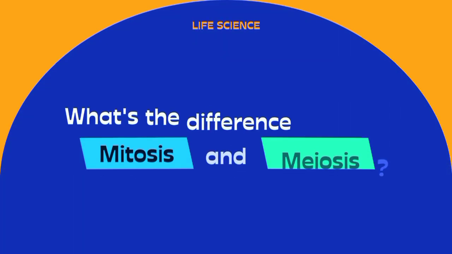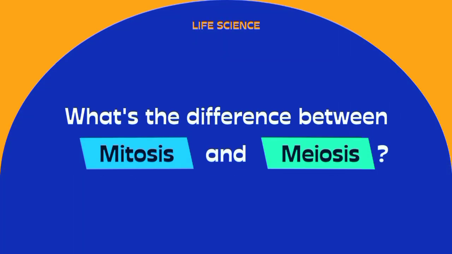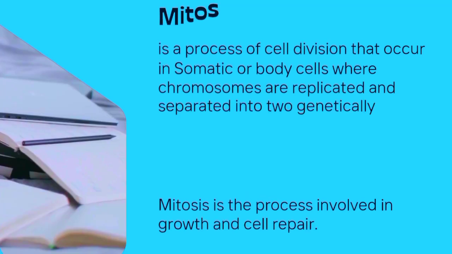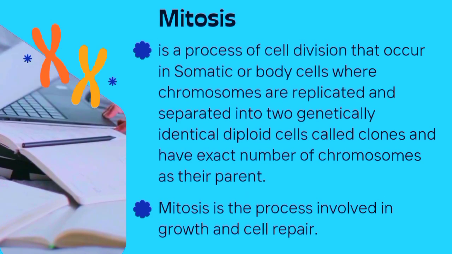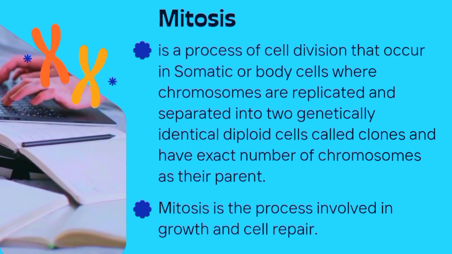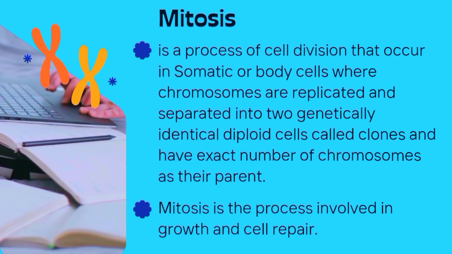First of all, let's look at the major differences between mitosis and meiosis. Mitosis is a cell division that occurs in somatic cells or body cells which are not involved in reproduction. It produces two genetically identical diploid cells called clones, and it's involved in growth and repair of cells.